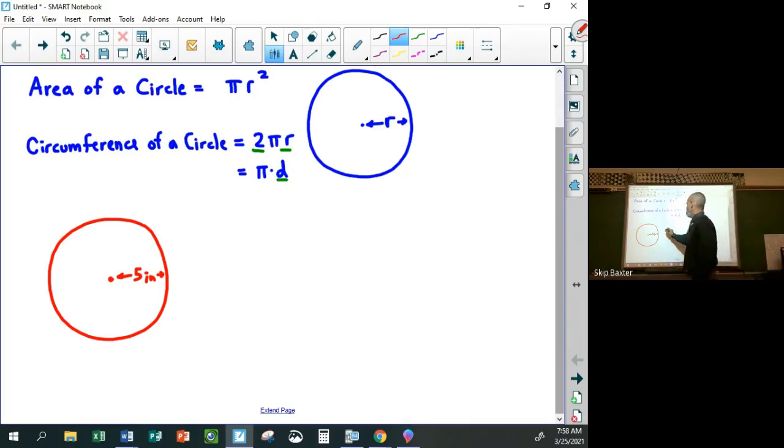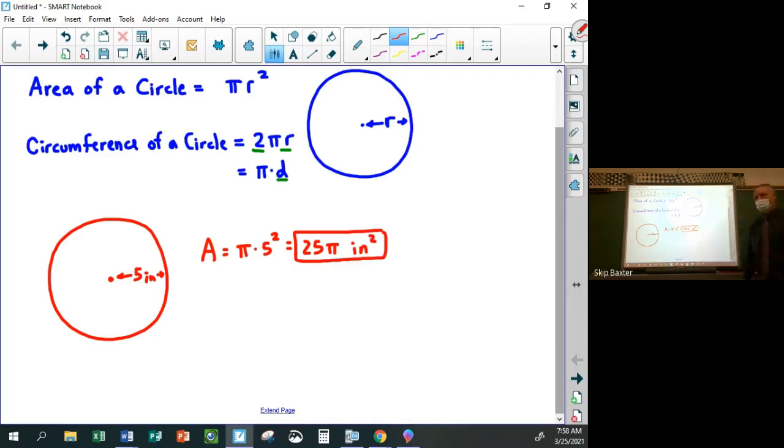Okay, then the area would be pi r squared, pi times 5 squared, or 25 pi square inches. And the circumference would be 2 pi r, 2 pi times 5, which is 10 pi.